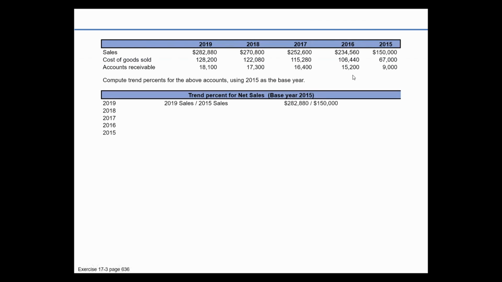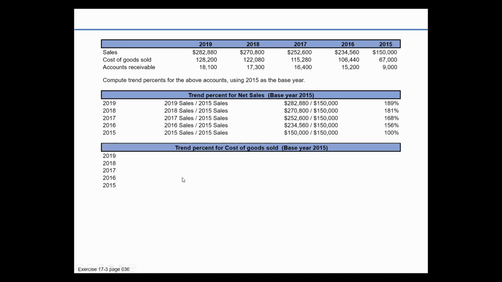And so we just substitute, comes out like that, 189%. And we just do the same thing. So 2018, we take 2018 sales divided by 2015 sales. Same thing, substitute. So 270,800 divided by 150,000 is 181. Okay. And so on and so forth.